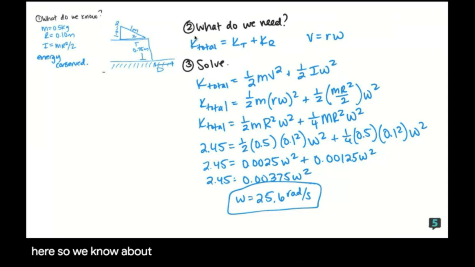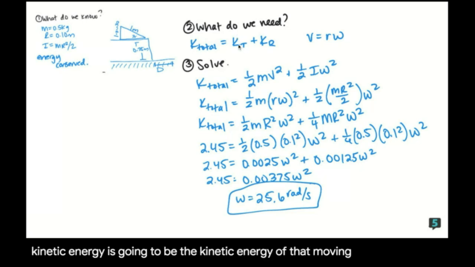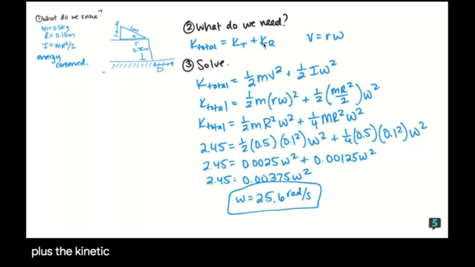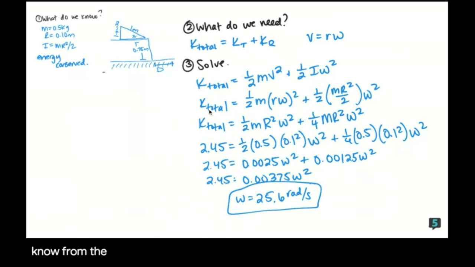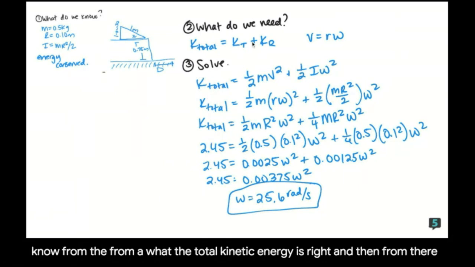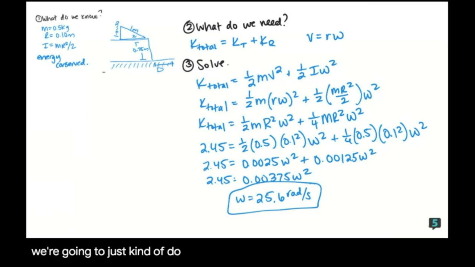So we know a bunch of stuff. We know that the total kinetic energy is going to be the kinetic energy of it moving translationally plus the kinetic energy of it moving rotationally. So to figure it out, we already know from A what the total kinetic energy is, right? And then from there, we're going to just do a little bit of massage.